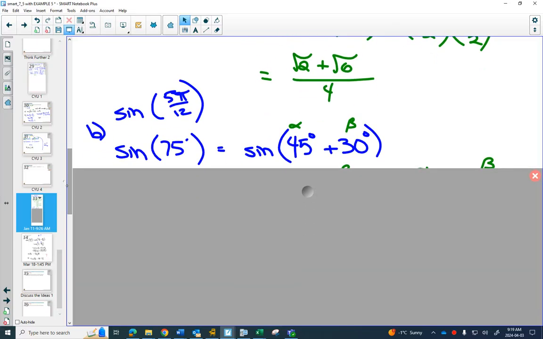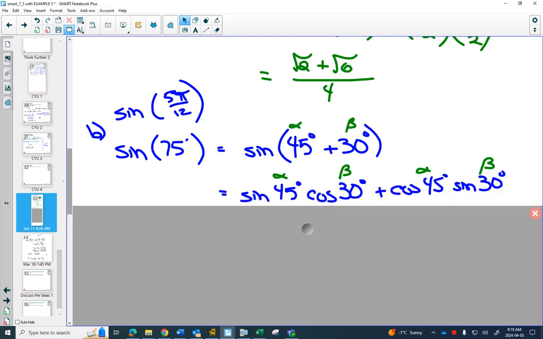And then from here, we know what our alpha is, we know what our beta is, we go to our sine alpha plus beta formula up here on the wall, and we just replace everything inside.